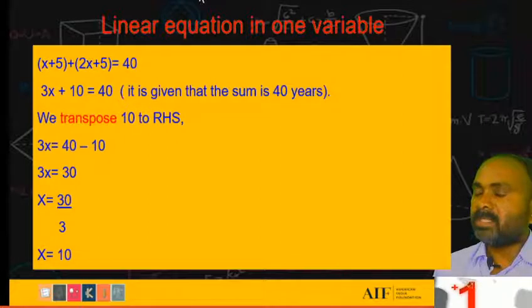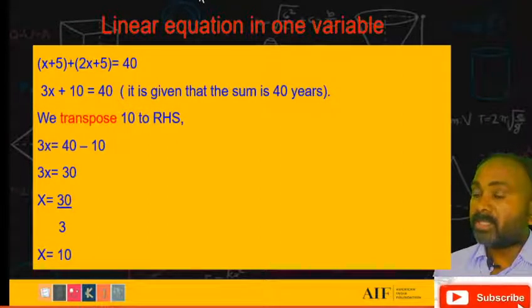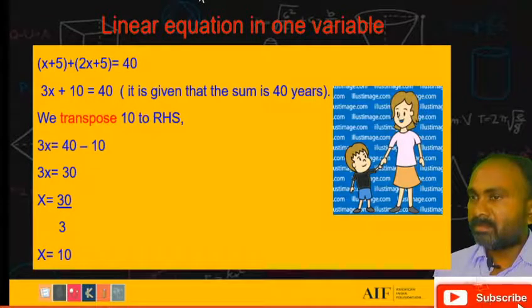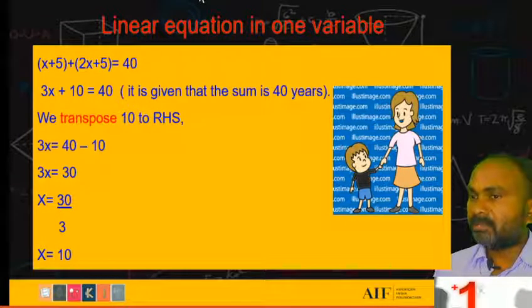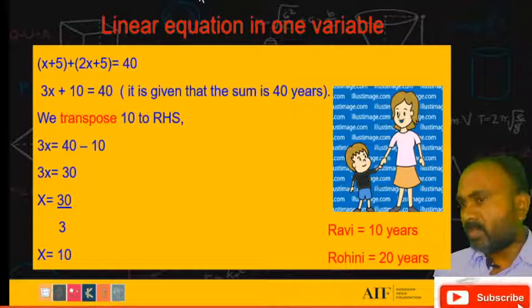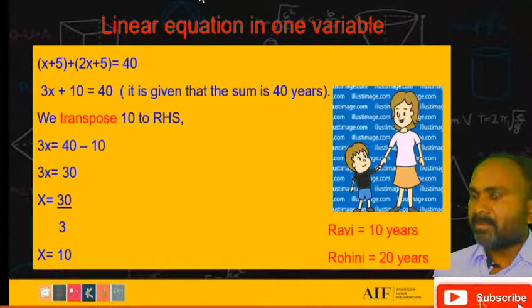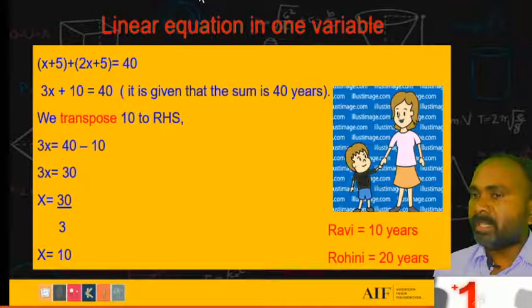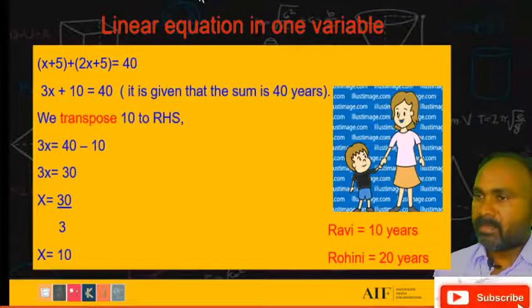Three ones are 3, three tens are 30, so 10 is the answer. So x is equal to 10. Then what is the age of both? Ravi equals 10 because the age of Ravi is x, and Rohini's age is 2x, so 2 into 10 is 20 years.